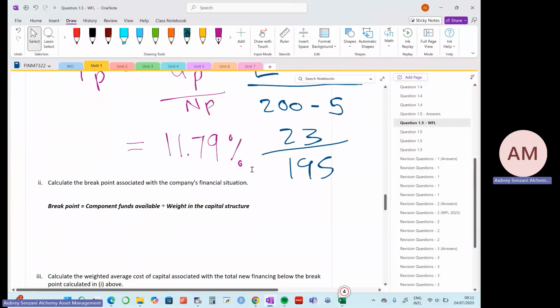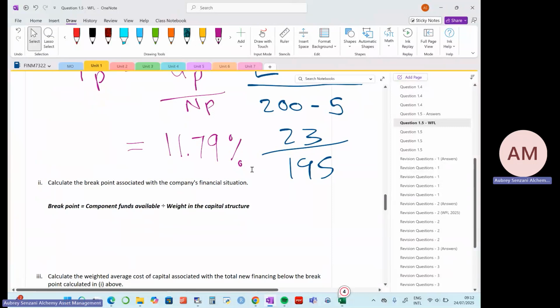Okay, so to find our break point, if you look at example, I think it is 1.11, they show you the formula. Sorry, I lied. It's example 1.12.